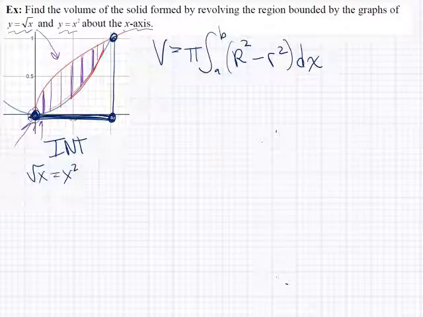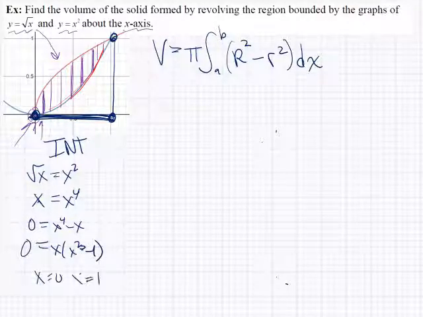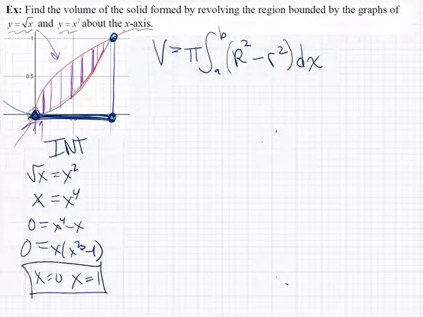The best way to solve that would be to square both sides, so this would become x, and this would become x to the fourth. Set it equal to 0 and factor, this would be x cubed minus 1. So I would get x equals 0 and x equals 1. Okay, I've got my intersection points. There's my width on the x-axis.